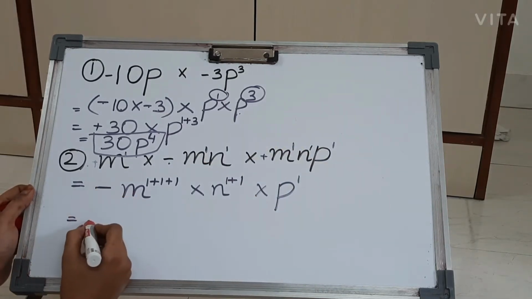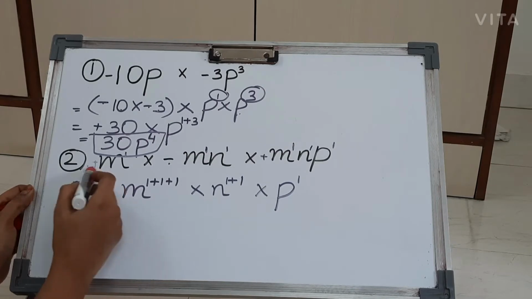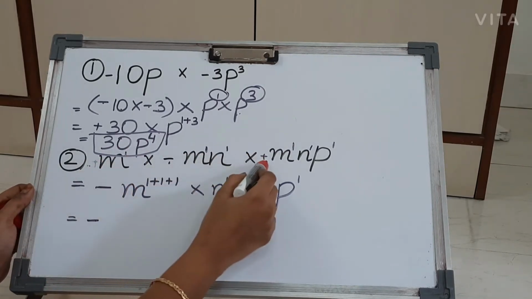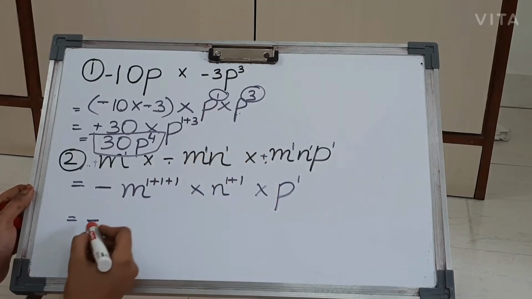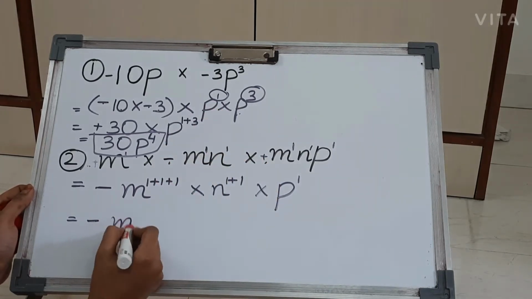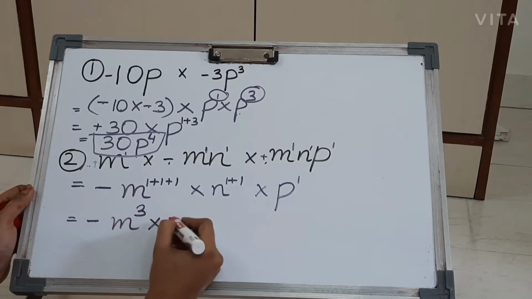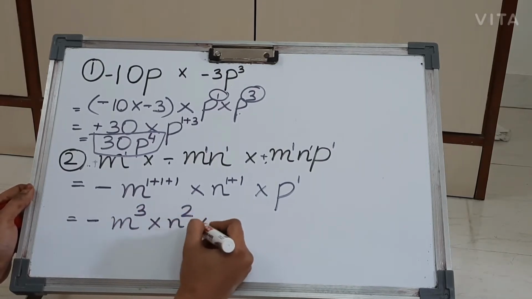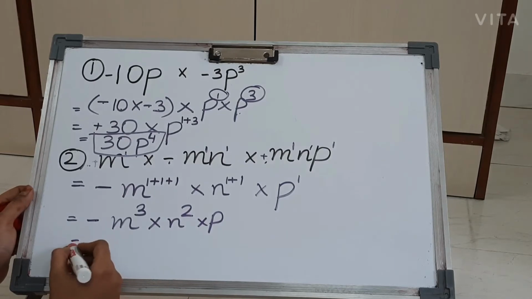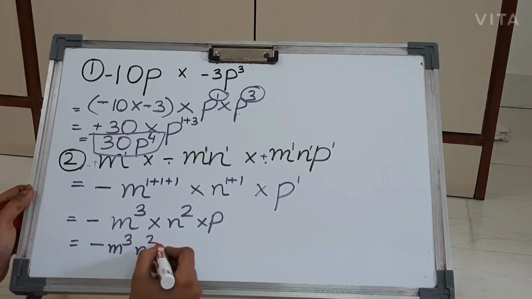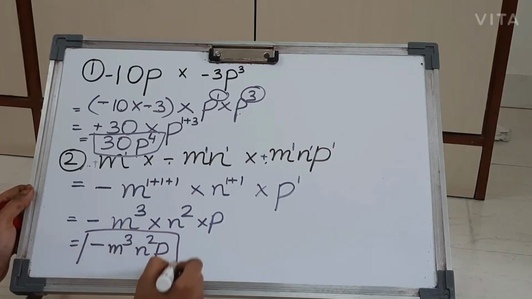So now we will write minus here, which is common for all. Minus into plus is minus. So m to the power 1 plus 1 plus 1 is 3, into n to the power 2 into p. So our answer here will be minus m3 n2 p.